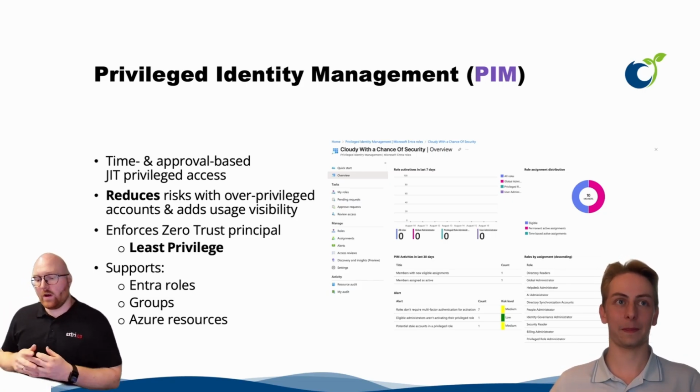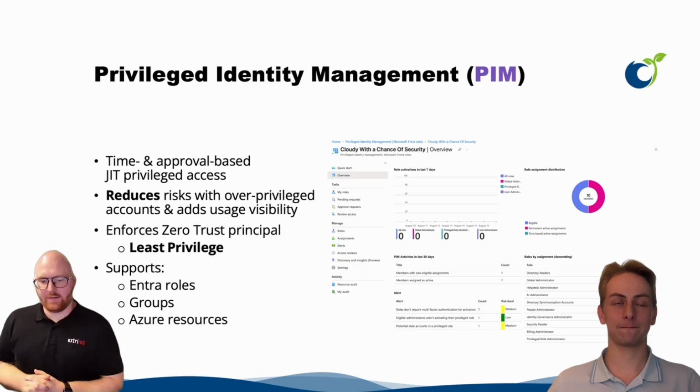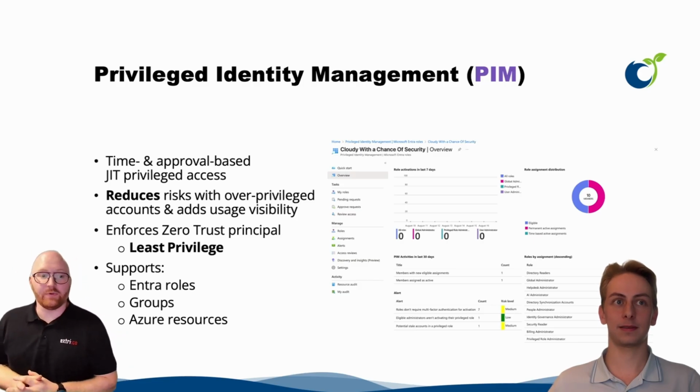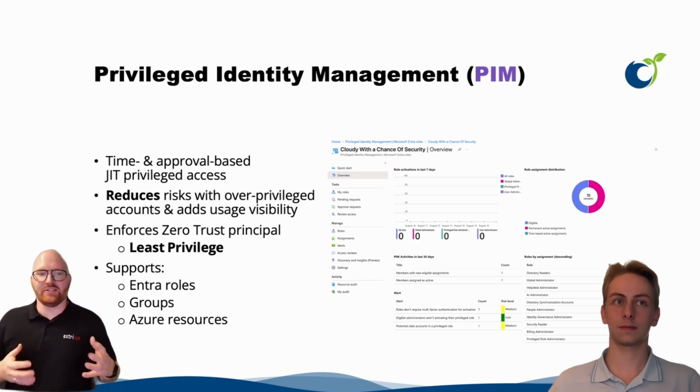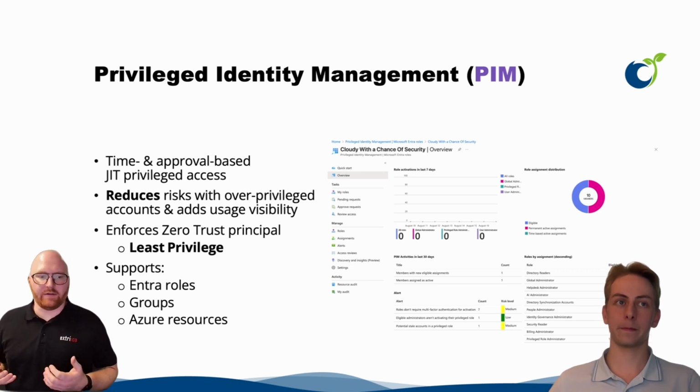Yes. One other feature that is something that any organization really should have, regardless of the size, is privileged identity management, or PIM. This feature provides time and approval-based just-in-time access to different kinds of permissions, resources, or even groups.